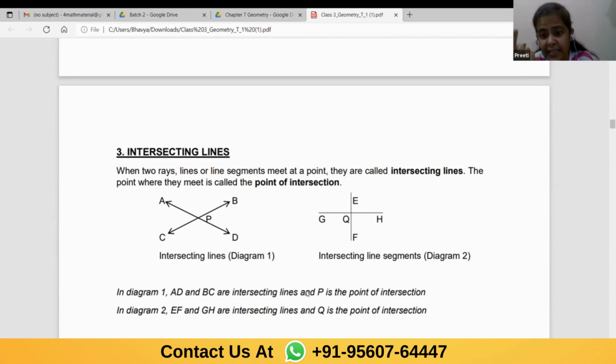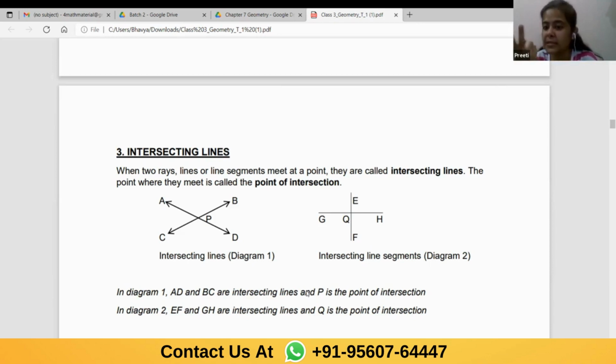Now it could be lines, it could be line segments, it could be rays, it could be anything. So we generally use the term lines because a line segment is a part of a line and a ray is also a part of a line. That is why we use the standard term as lines.